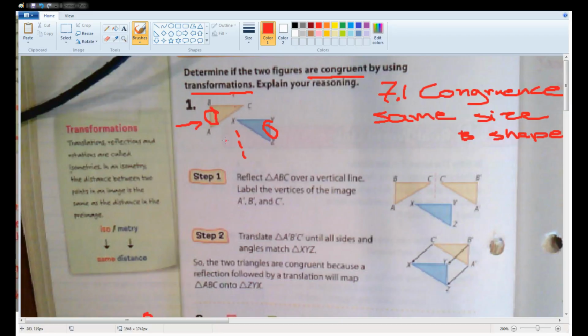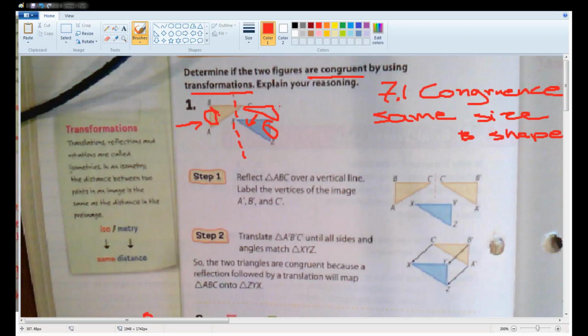In this case, we call this a vertical reflection because it's a vertical line that it's flipping over. Then notice that that doesn't make it perfect. If I flip over this line of reflection, I've now got the triangle about right here. I would then have to translate it. To get it in the exact right location, I would first reflect, then I'd translate.